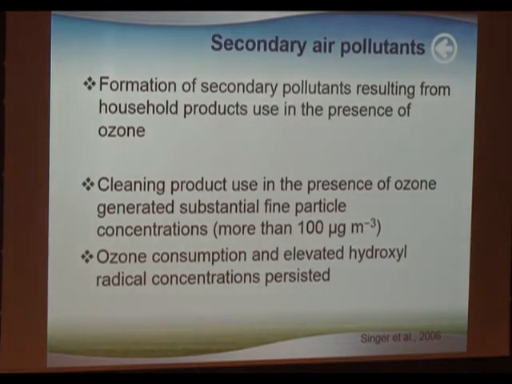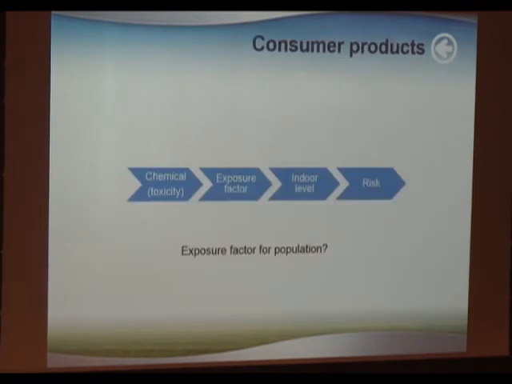And also we know that through indoor chemistry, secondary air pollutants can be generated, not just the chemicals inside. So we have to know all this, and that kind of information is going to help address the indoor environmental problem. So we are measuring these chemicals, but today I'm going to talk about these exposure factors. How much chemical is inside this product is important. What kind of toxic chemical they're using is important.